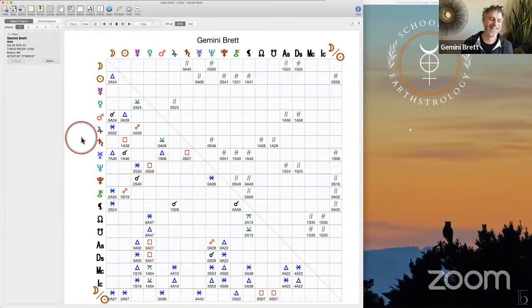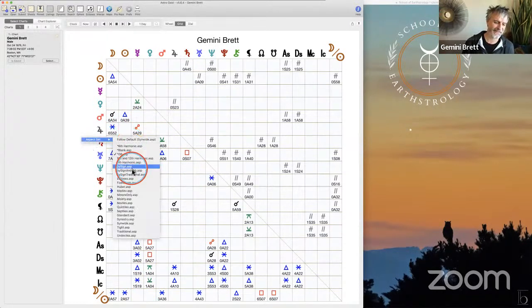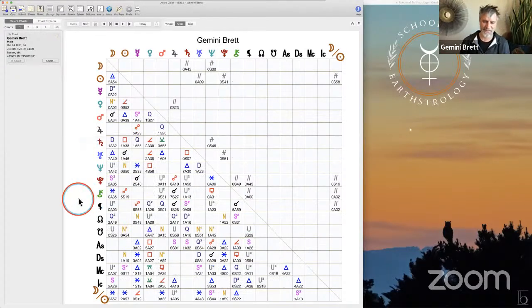Okay, but we can go very non-traditional and look at aspects like this: a biseptile between Saturn and true black moon Lilith. Okay, maybe let's stay with visible beings. How about Mercury, Mars, biseptile? What?